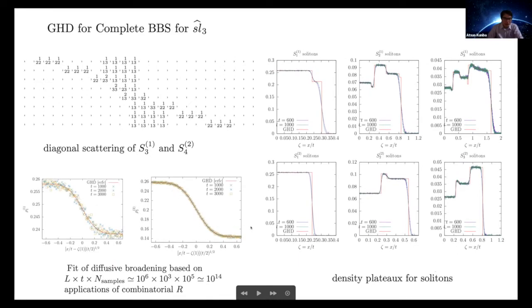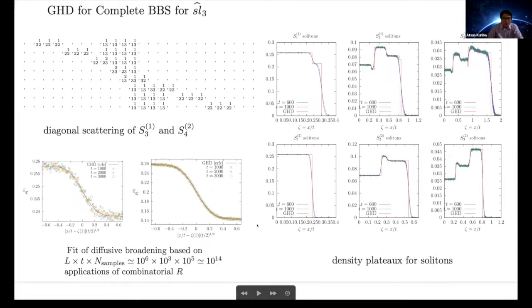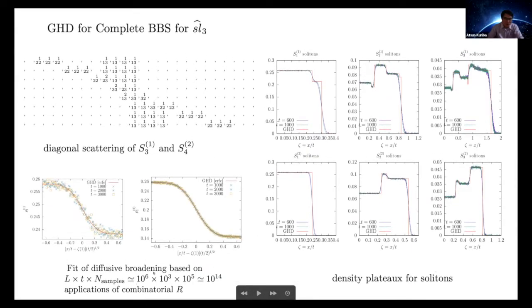For example, this fit has been computed with a system size of about a million, a time duration of about 1,000, and 100,000 samples. Anyway, in total the computer has applied 10^14 or 15 times the combinatorial R of the rectangular crystals and so on. So it's rather massive calculations.